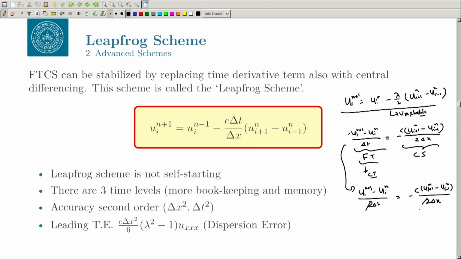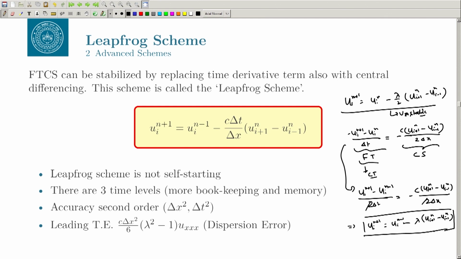This 2 will cancel out, and then you can write this as u_i^(n+1) equal to u_i^(n-1), this will be n minus 1, right, because you are using central differencing, minus lambda, where lambda is c delta t by delta x, times (u_(i+1)^n minus u_(i-1)^n), right. So, this is our scheme.